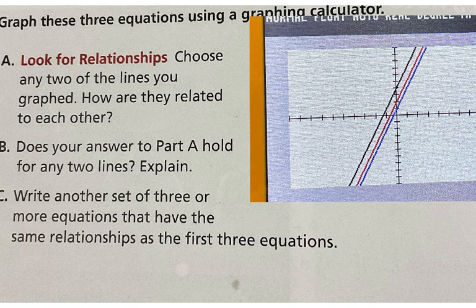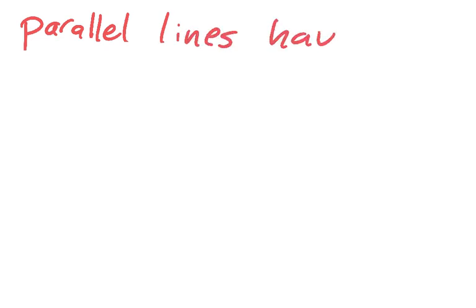What made them parallel? They had the same slope. So the whole point of that beginning exercise is we have learned this: parallel lines have the same slope.